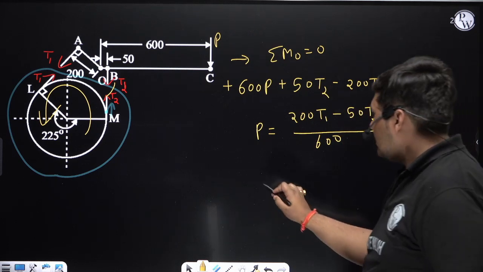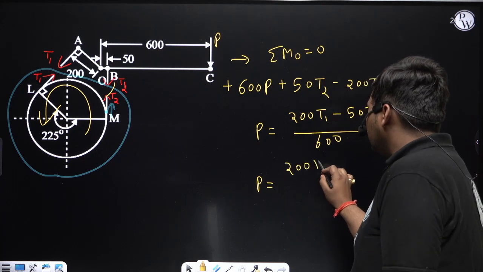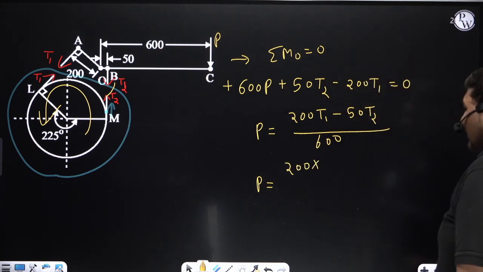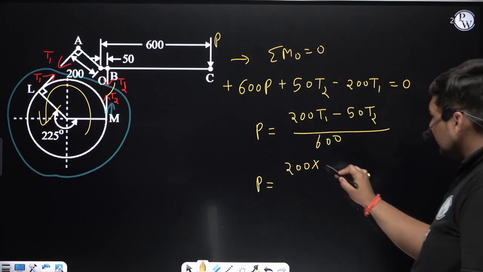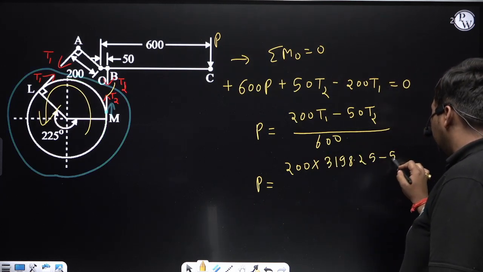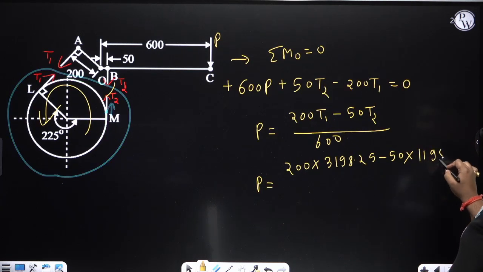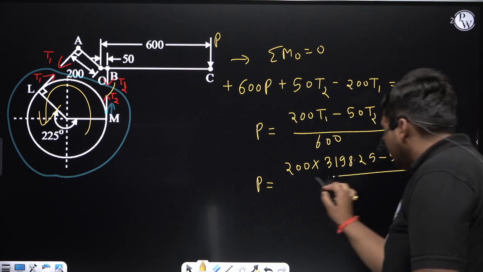Okay. Now effort P, 200 into what is the value of T1? I think the value of T1 is 3198.25. You can check. Minus 50 into T2. What is the value of T2? T2 is 1198.25, divided by 600.